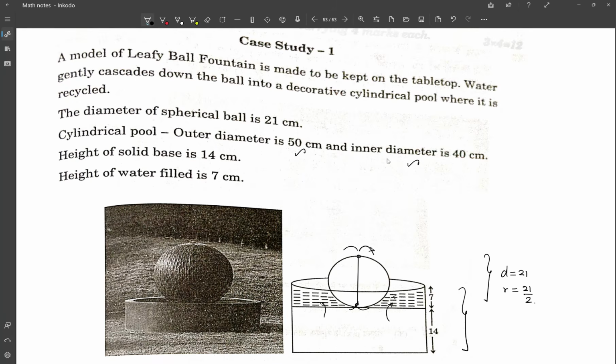So this means that the cylinder is not just a solid cylinder, it's a hollow cylinder with an outer dimension and an inner dimension. Height of the solid base, this is the solid base here. So the space above is where the water is collected. Height of the water filled is 7 centimeter. Height of the solid base is 14 centimeter.